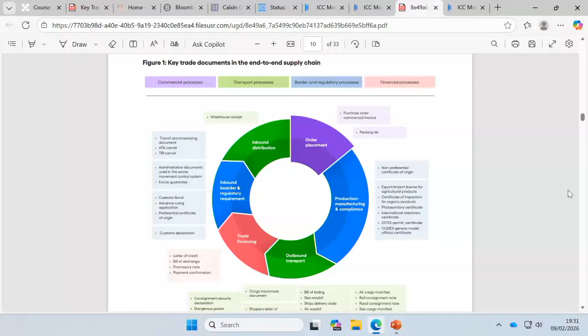requirements. So we have certificate of origin. Certificates of origin, this is something that obviously in a world of increasingly complicated tariffs and also other forms of trade agreement, the certificate of origin can actually have a big impact on the commercial terms of the transaction.